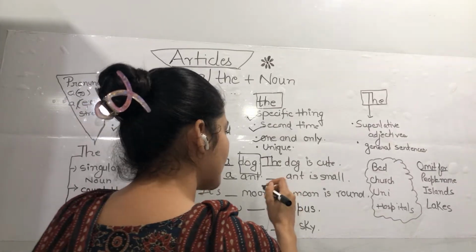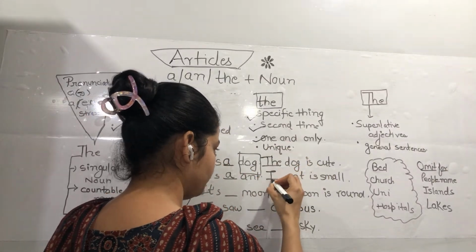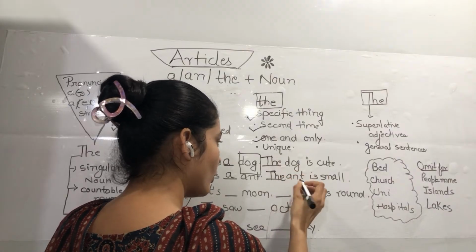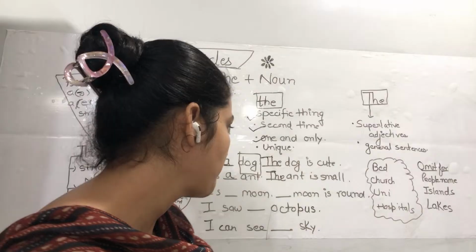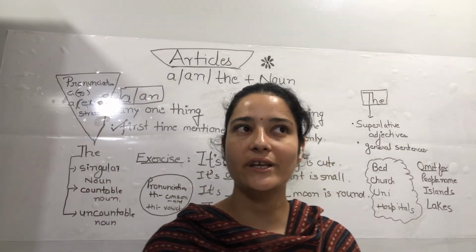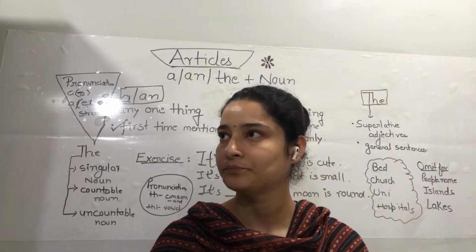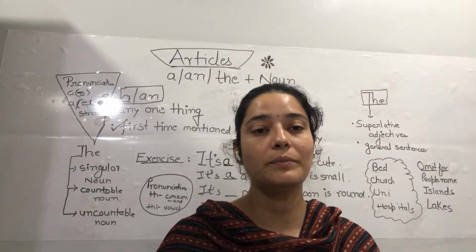Okay. So "an ant is small." "The ant is small." Why "the"? I've already talked about the ant. But while you're speaking, if you're talking about any singular noun like girl, boy, so if you're talking about girls, then it will be a plural noun.